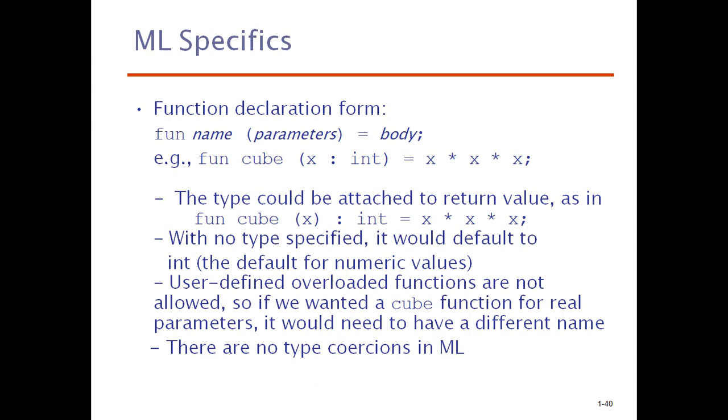Next, user defined overloaded functions are not allowed. So if we want a cube function for a real parameter, it would need to have a different name. That means if here we are using cube for the integer purpose, but you want a real number cube, then we should have a different name for this, such as cube real, and you rewrite the function.